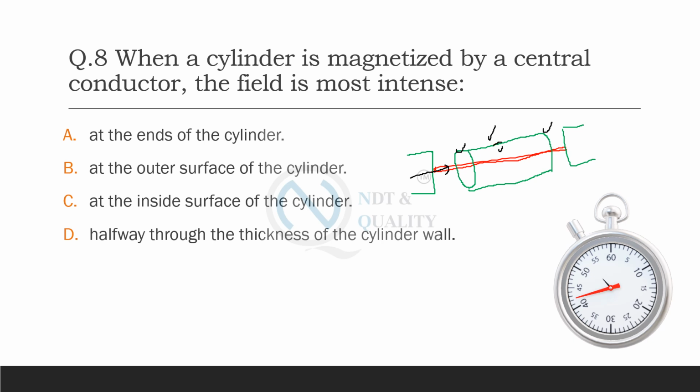So the correct answer is inside, because we can see a graph like this. If we are using a DC current, then we will get a graph like this. So here inside is the maximum magnetization.